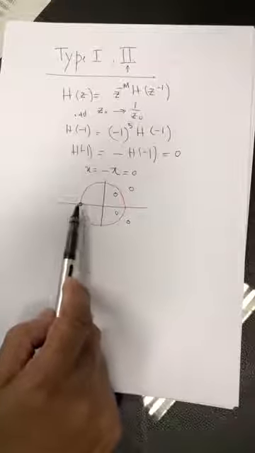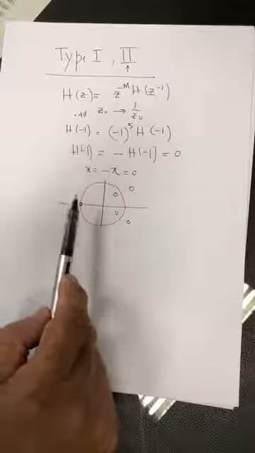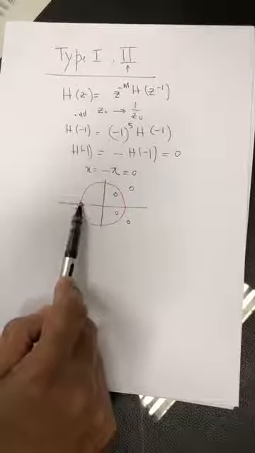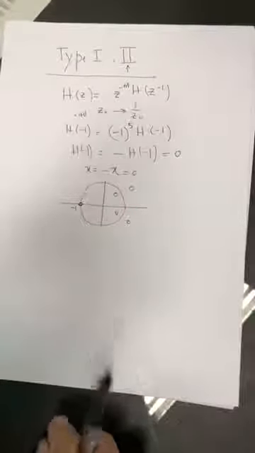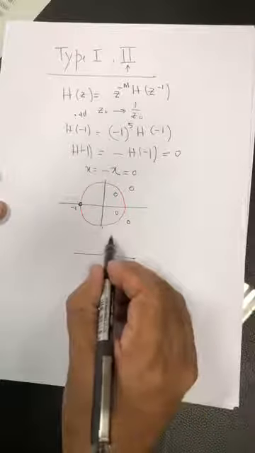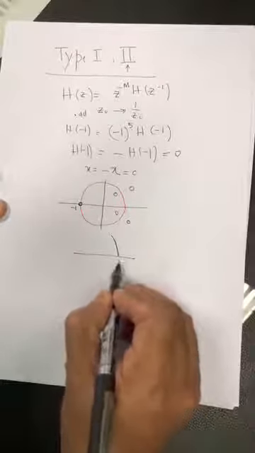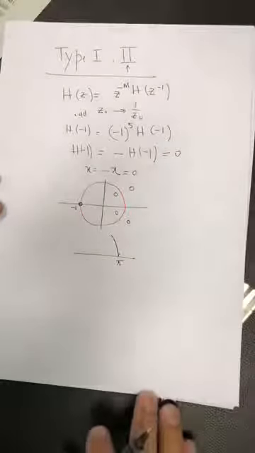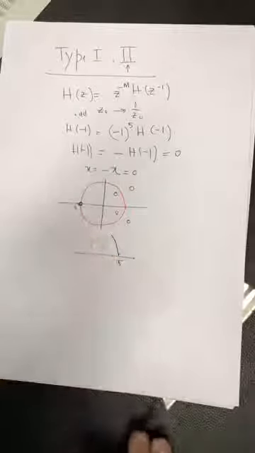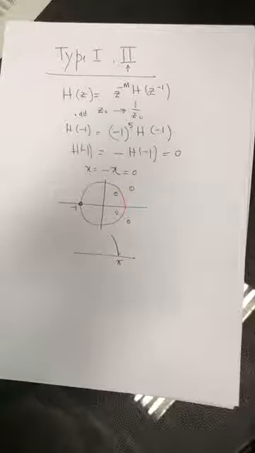A 0 here means that a type 2 filter will not let pass the pi frequency, the highest frequency. So once you plot its Fourier transform, the type 2 filter, it will come down to 0 at pi. Guaranteed. Because once you place a 0 on the unit circle, the frequency response touches down to 0.